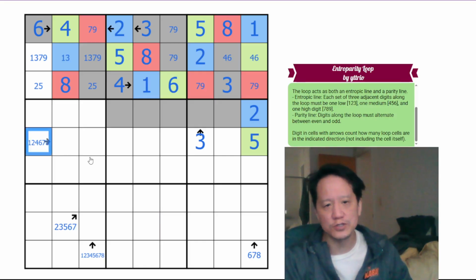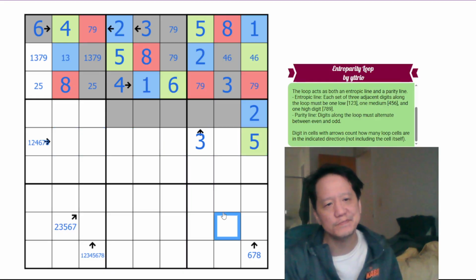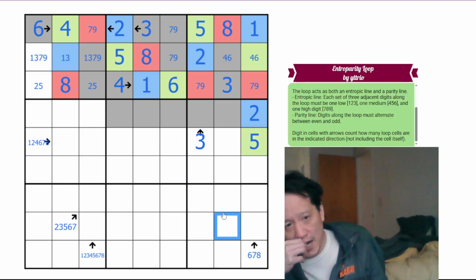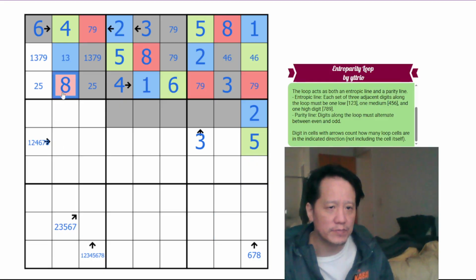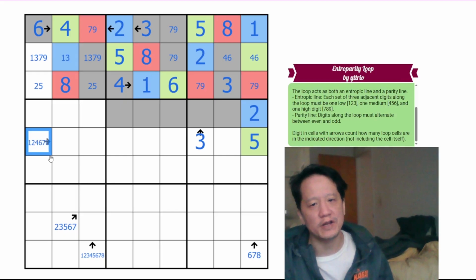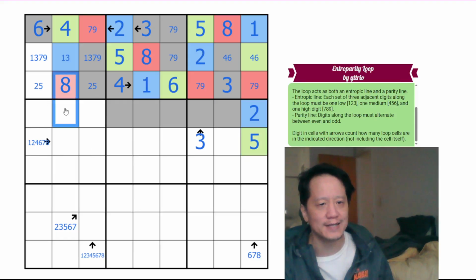This has to be at least 2. Well, it could exit out that way, so it doesn't have to see that. But if it did that, then this would not be, again. So this can't ever be 1. If this is 1, no other digits besides this is on the loop. It has to exit out somewhere to connect.